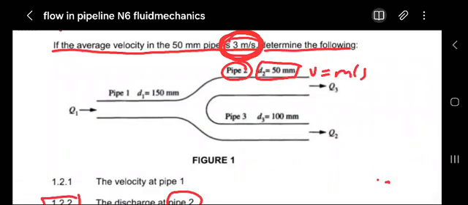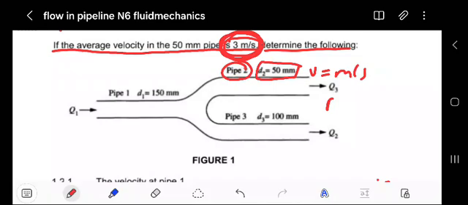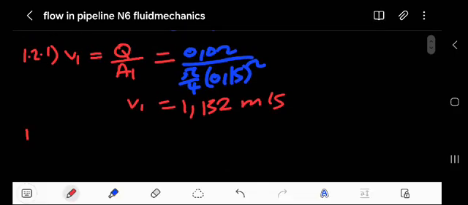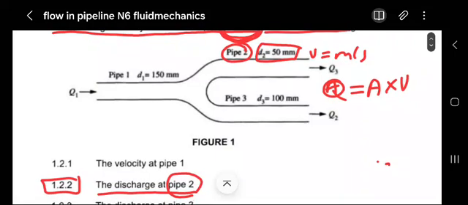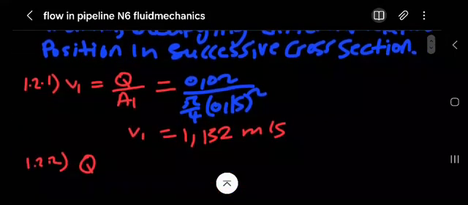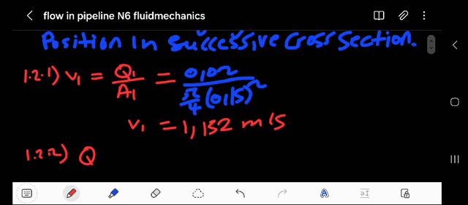So we can find the rate, because the rate equals area multiplied by velocity.